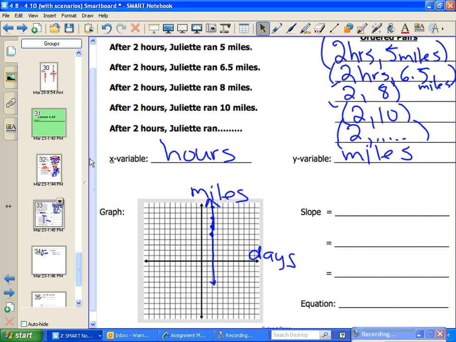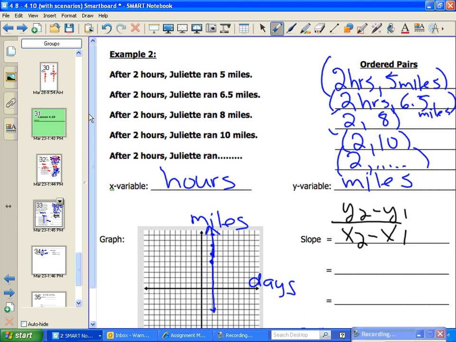Okay, Melanie, what is the slope formula? Good. Pick 2 ordered pairs you want to use. 2 and 8, and 2, 10.